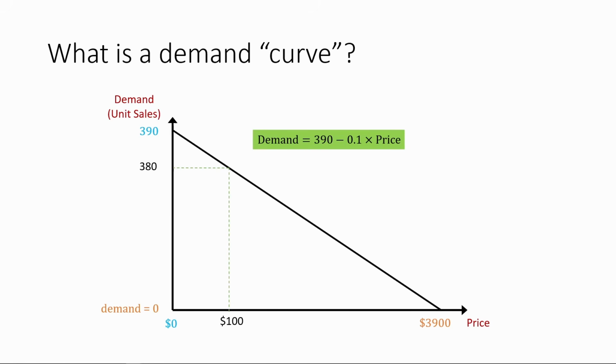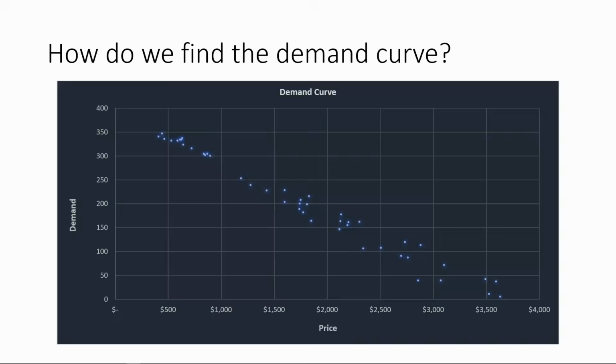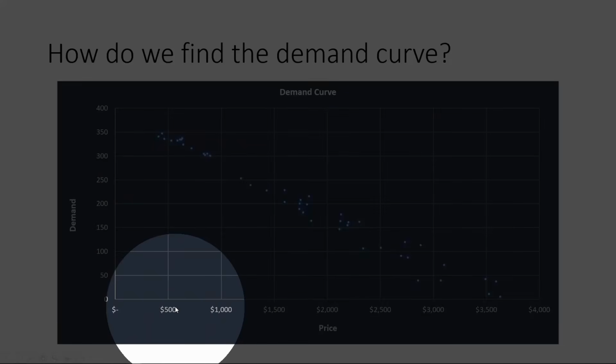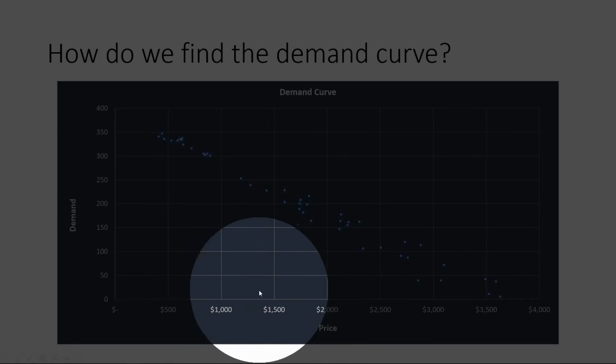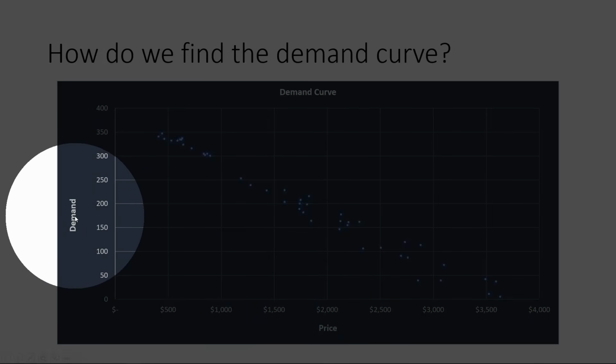And then the question is, how do we find a demand curve? I've given you a demand curve here, but how do you find one in reality? Here's the most common way to get a demand curve. Let's say you have a full history of supply and demand over time. On the horizontal axis is price, and on the vertical axis is demand.